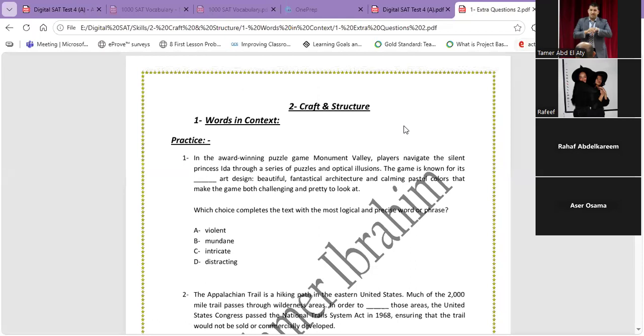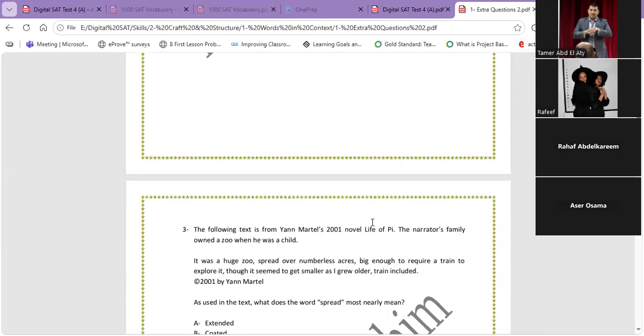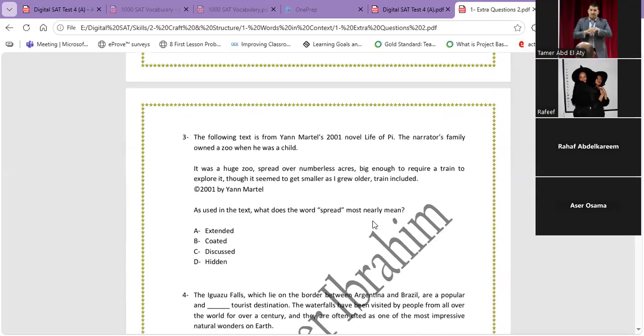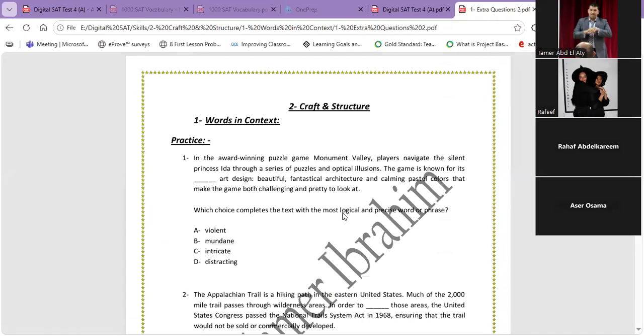When we come to solve the words in context question, it will come in two ways: either to tell you to complete the missing part, or to underline a word and ask what it means, like here, the word spread. So these are the two cases. Number one, we solve according to the connotation. The word is positive, negative, or neutral.